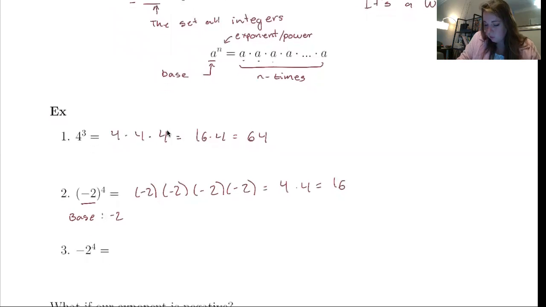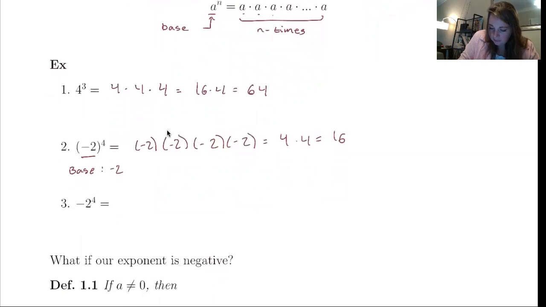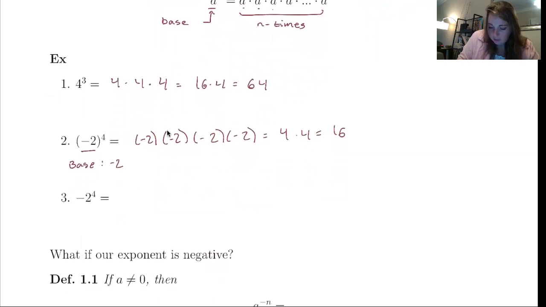Okay. Well, down here on this third example, I have -2 to the power 4, without the parentheses. So what's my base here? My base is actually just 2. So this would be like a -1 times 2 to the 4th. That's another way of thinking about it.